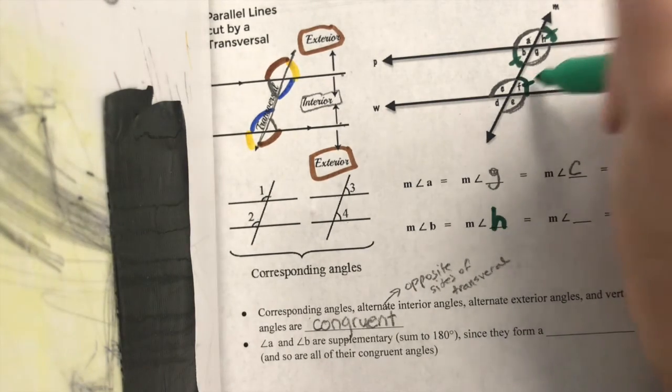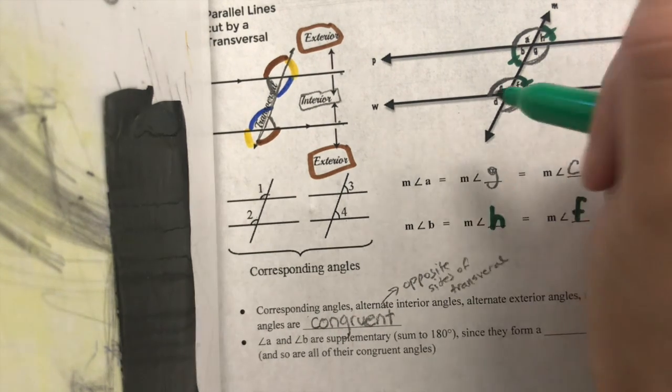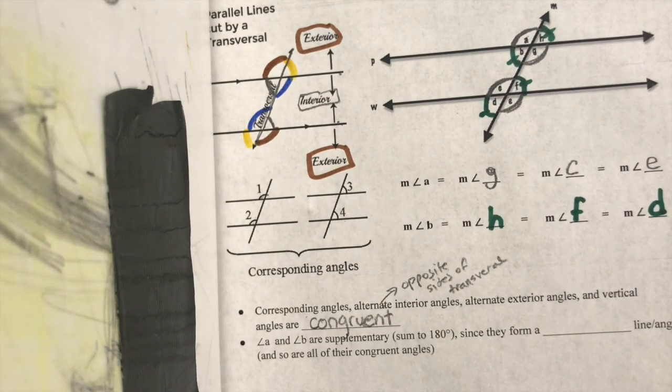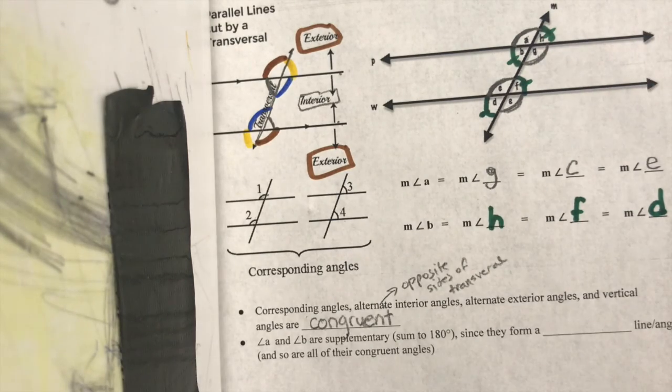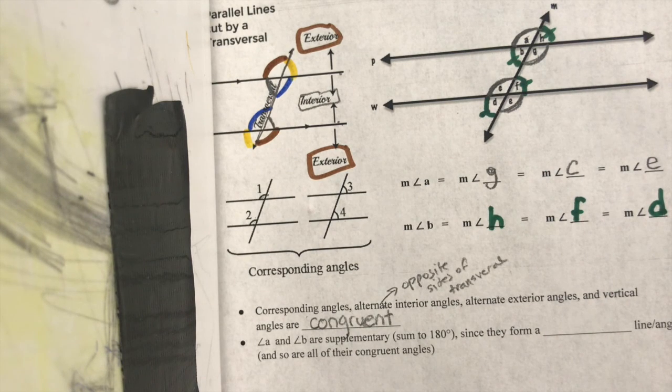That's going to be F. So those are congruent. That's going to be the same. What's a vertical angle of F? D. So let's say H is 40 degrees. Then B is also 40 degrees, F is also 40 degrees, and D is also 40 degrees. So all of those angles are the same. The measure is the same.